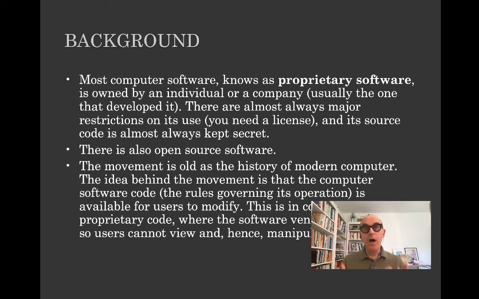The difference between R and Excel, and why we don't learn in Excel or SPSS, is that most of those software, Excel and SPSS, are proprietary software. They are owned by an individual or company, and they always keep the code secret, so we cannot see what is behind it. This is something that has been debated in the computer science community.